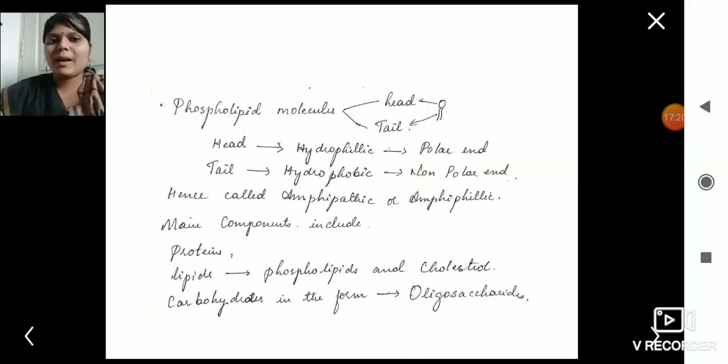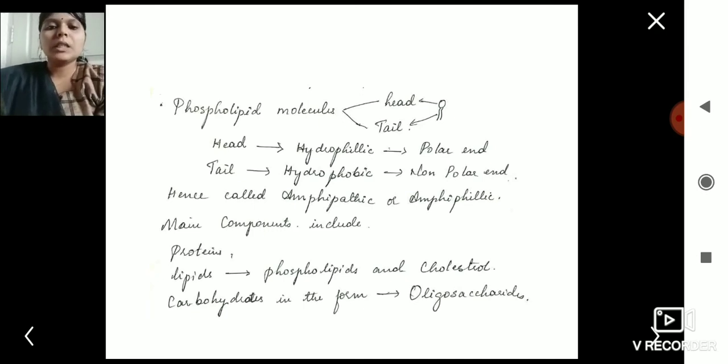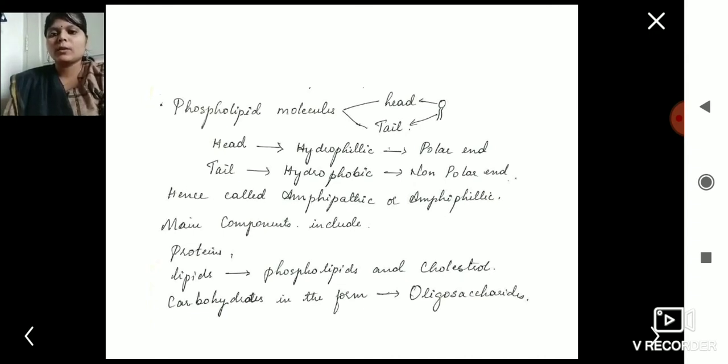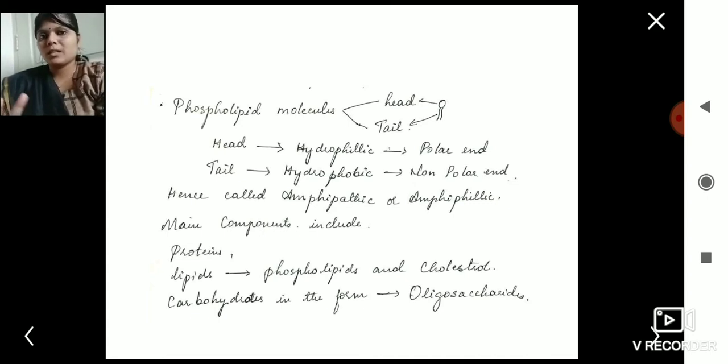So as we have seen, the water-hating tails are on the interior of the membrane, whereas the water-loving heads point outside towards either the cytoplasm or the fluid that surrounds the cell. Okay, so they also help in transportation and in maintaining the fluidity.